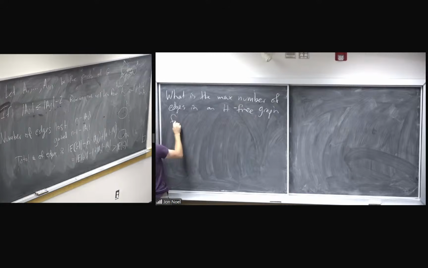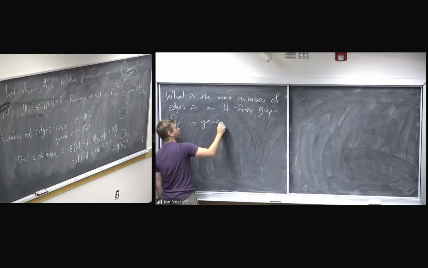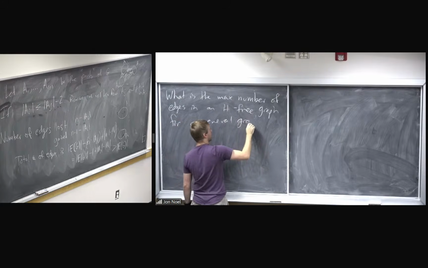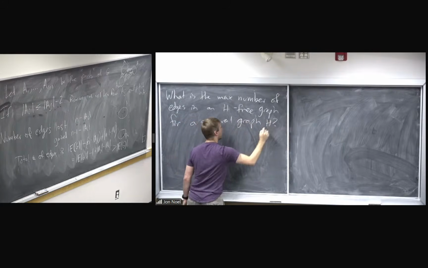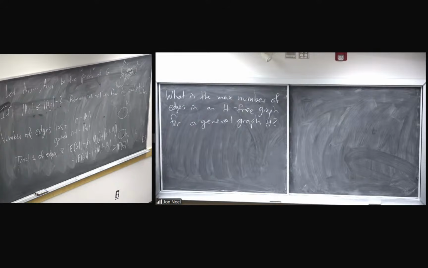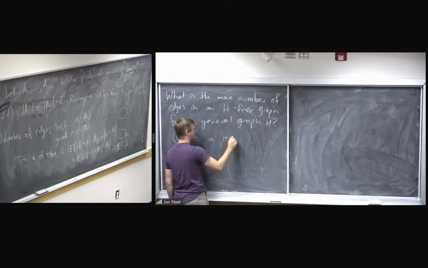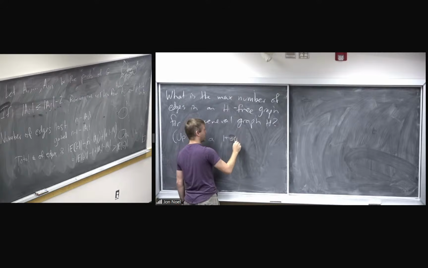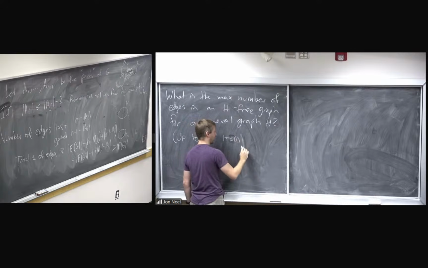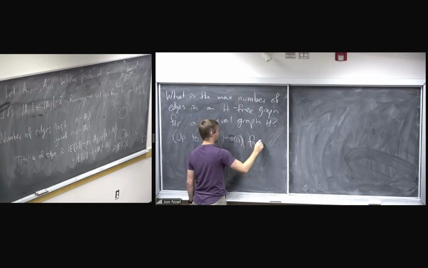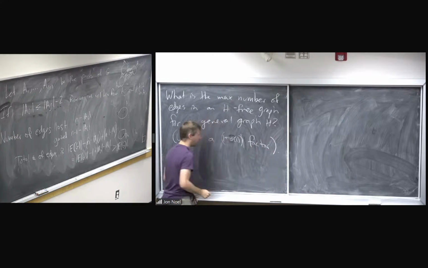This is basically what we're going to work out for most graphs H next time, for a general H, but it's not going to be such a perfect answer. So all we're going to be able to do is to say up to a 1 plus little o(1) factor.